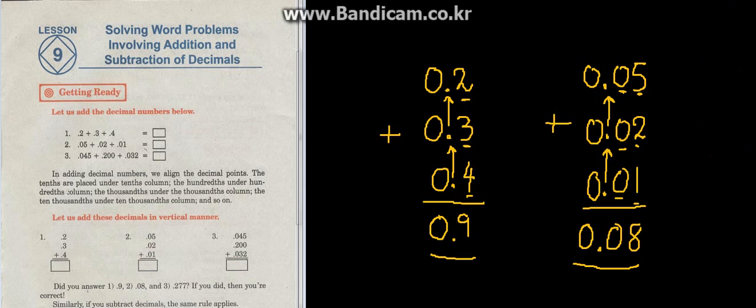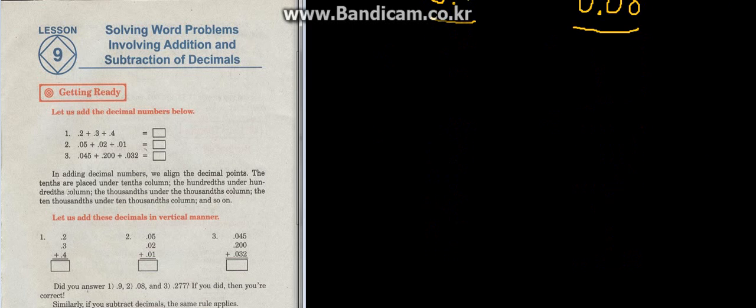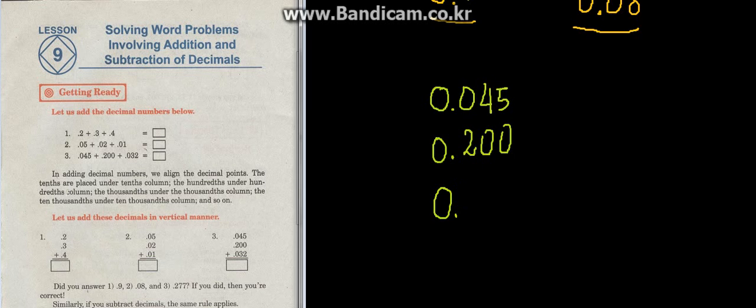So I will now work with the last set of numbers, and they are 45 thousandths, 200 thousandths, then 32 thousandths. So as you can see, I placed the decimal points right under each other.